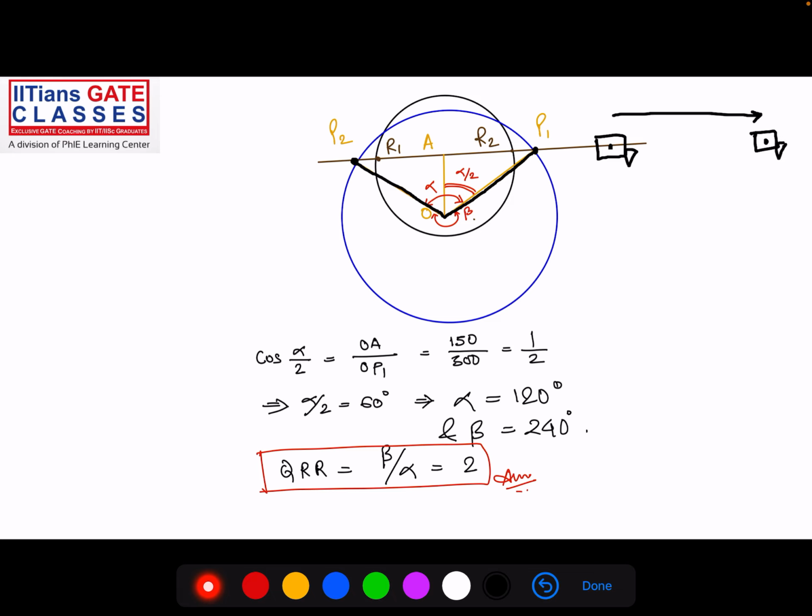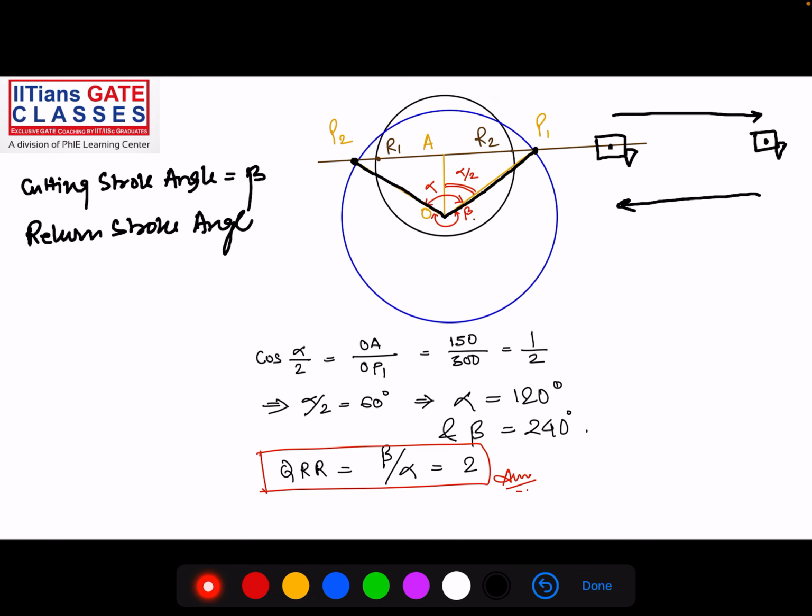And then when the crank moves from OP2 to OP1, we execute the return stroke. So cutting stroke angle is equal to beta, and return stroke angle is equal to alpha.